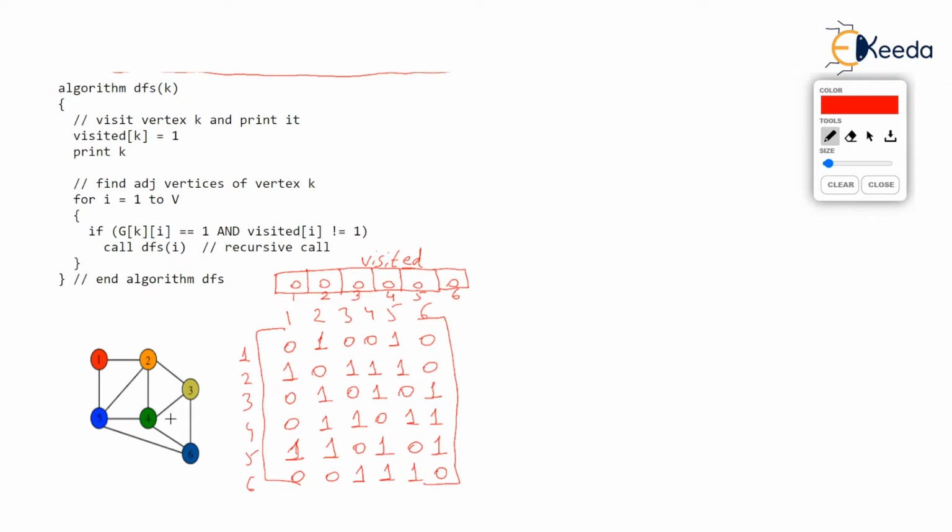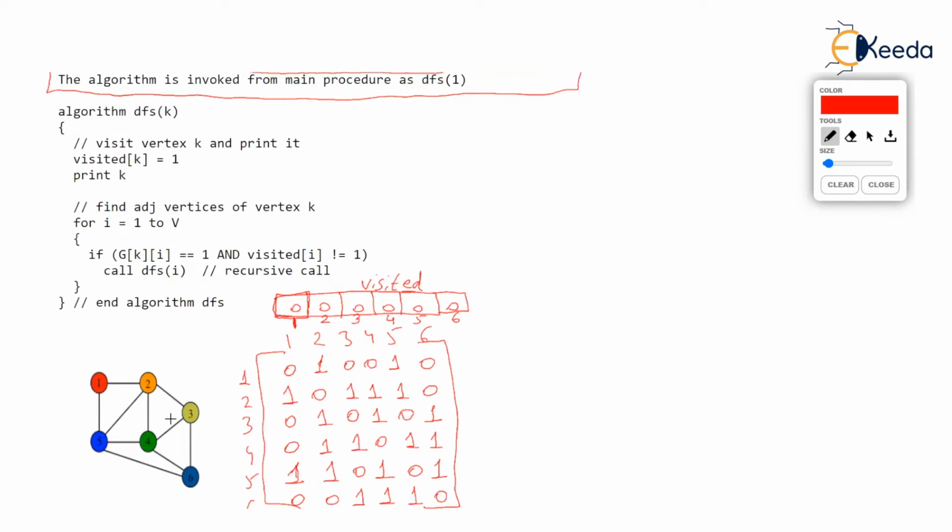Then after visiting the first vertex, we will change the first element of visited from 0 to 1. And 1 at that place, the first element, will indicate that the first vertex is now processed or it is already visited. So initially, surely all the elements of visited should be 0 because none of the vertices are visited.